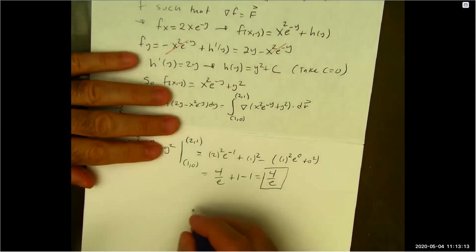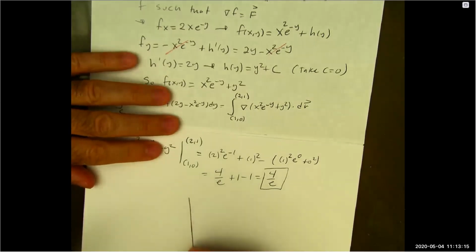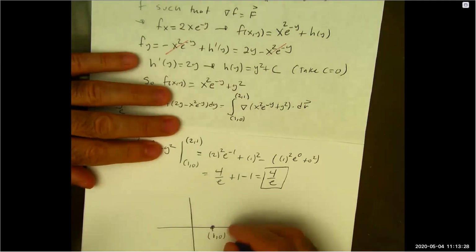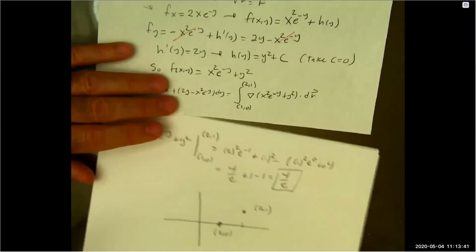So if I look at the one point was (1, 0), so it's right here. So that's (1, 0). And then the other point was (2, 1). And so we have that.